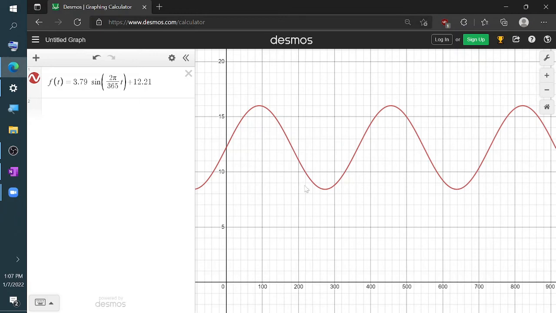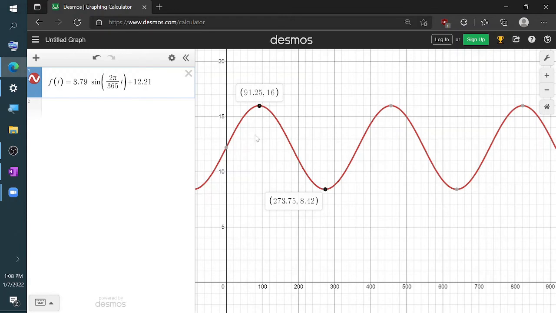Currently, based on this picture, this object reaches its lowest point not at time t equals 354, but at this weird time, 273.75.